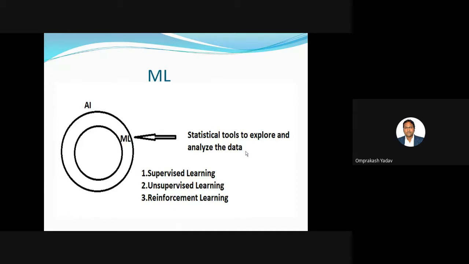It gives the learning mechanism where we can give training to the machine. We can teach it, and then the machine will be able to learn. Then we can also test, based on our data, whether it's reacting in a proper way or not. Normally there are three different ways in which the machine can be trained. The first is supervised learning, the second is unsupervised learning, and the third is reinforcement learning.